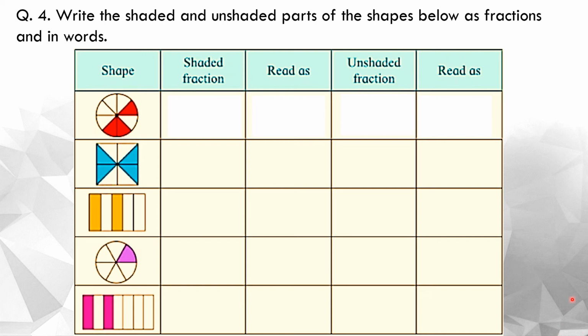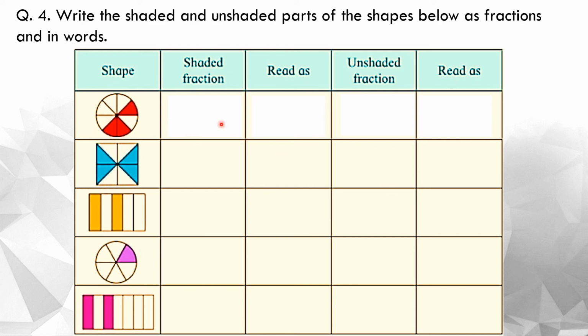First we will count the number of parts of this shape. We will count from here 1, 2, 3, 4, 5, 6, 7, 8. So this circle has 8 equal parts. From these 8 equal parts, we have taken 3 shaded parts.